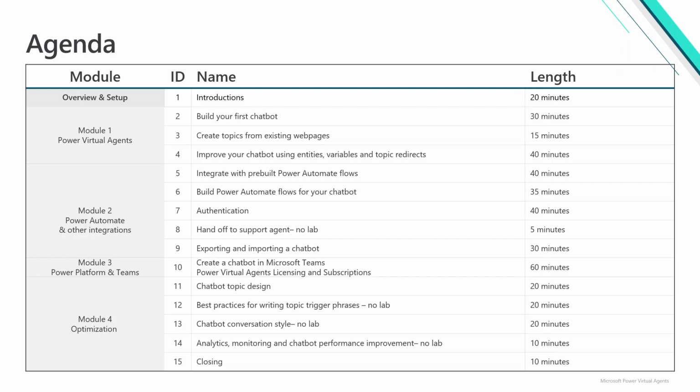There are no labs on these, but there are some quizzes that you can play along with and are good for learning. Then we'll look a little bit into analytics of how to monitor what's going on with the chatbot and how to improve it, and then we'll close it out at the end. So that's the agenda. The overall structure in the course might differ a little bit, but these are the topics that we're definitely going to cover in the course.